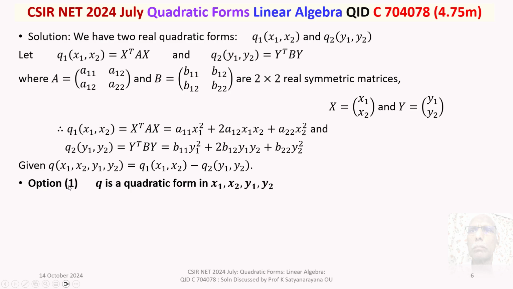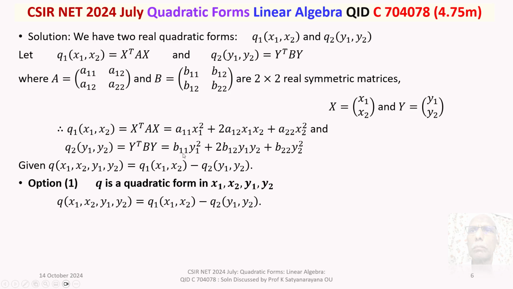So now we come to option 1. Option 1 says Q is a quadratic form in 4 variables x1, x2, y1, y2. Now we have, it is defined Q of (x1, x2, y1, y2) is equal to Q1 of (x1, x2) minus Q2 of (y1, y2).